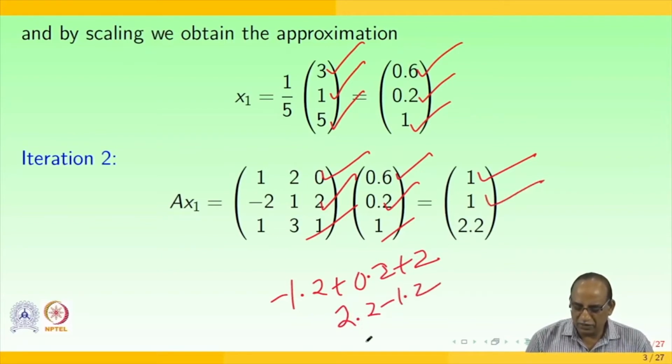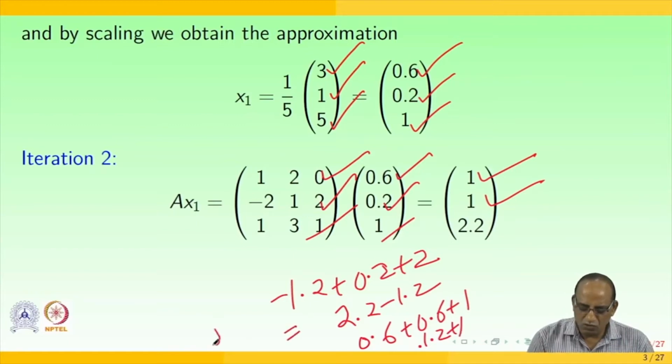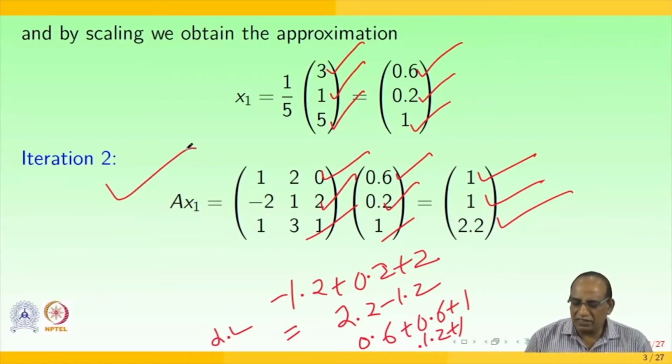The third is 0.6 plus 0.6 plus 1, so that is 1.2 plus 1, which is equal to 2.2. In the first iteration we got 0.6, 0.2, 1; in the second iteration it is 1, 1, 2.2.